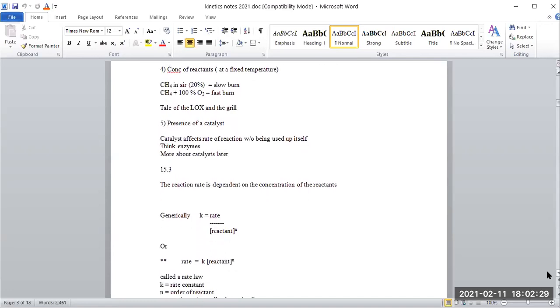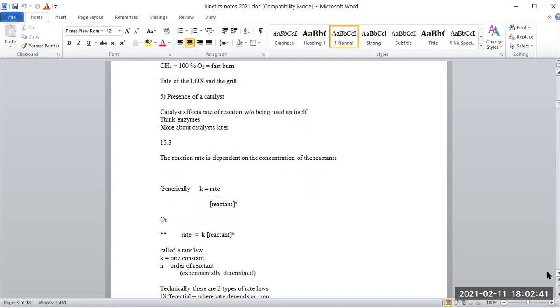So as we progress through this, we're going to adopt some profiles for how we deal with some of this information. You will sometimes see it written where K is rate divided by your reactant concentration.